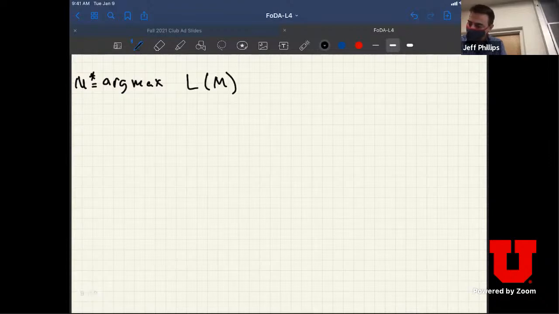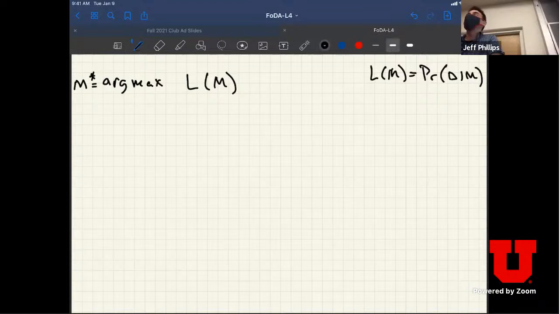Okay, so M star is the arg max of the likelihood. We're going to do what's called a log transformation to get the log likelihood. LM is just a shorthand. LM in this case will be the probability of the data given the model. Okay, in this case, when I have discrete data, then that's what it's going to be.